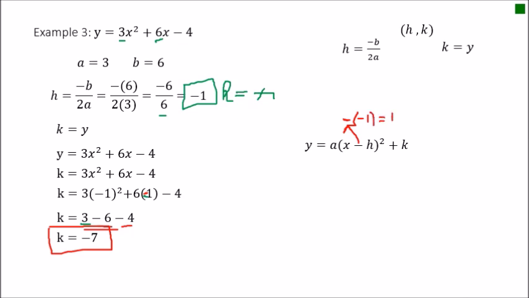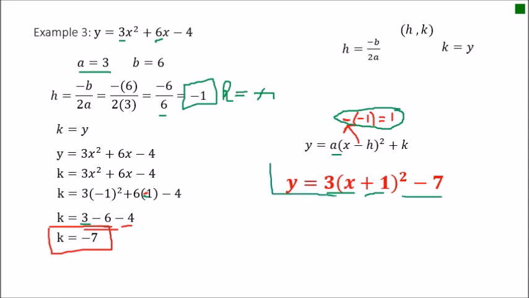So, what we will put here later is positive 1. So, it will become: your a is 3, it comes from here. Minus h will become plus 1. So, I already explained why it became plus 1. So, plus 1, then copy the square, your k is negative 7.